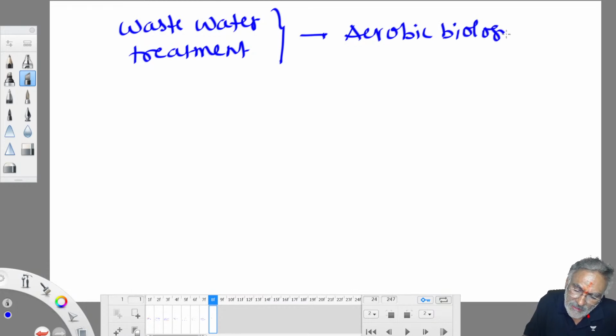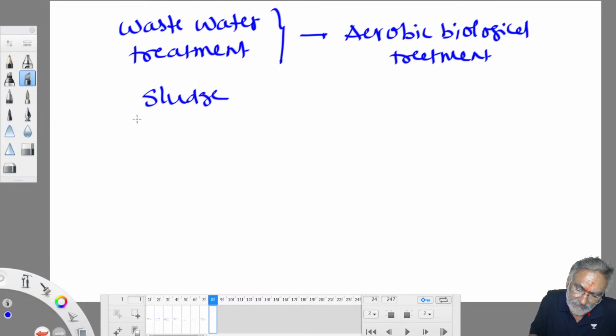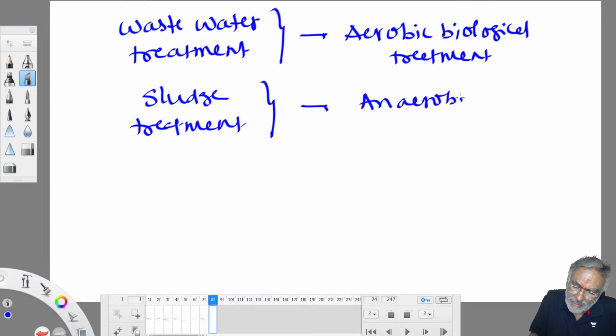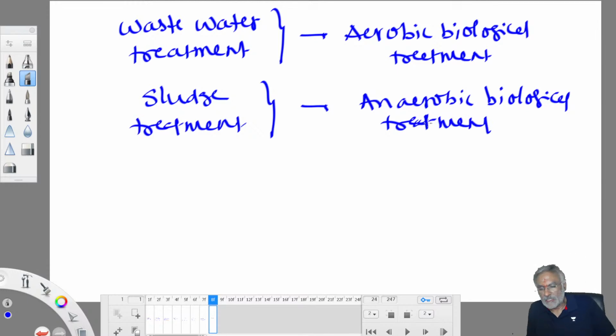Usually aerobic biological treatment, and sludge treatment is anaerobic biological treatment. Understood? These are the basics of secondary treatment.